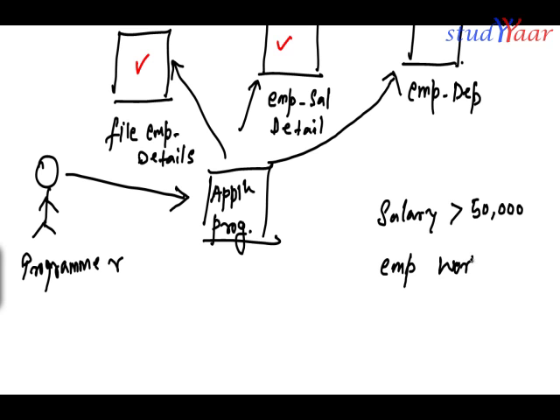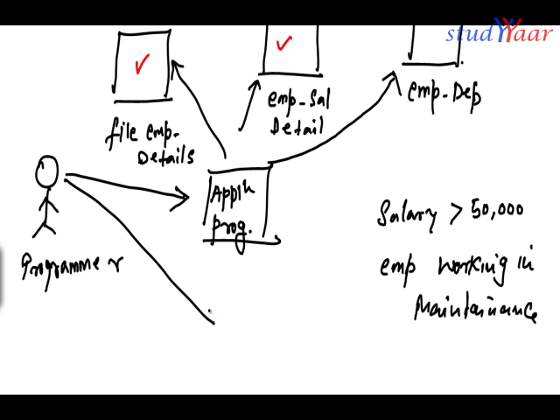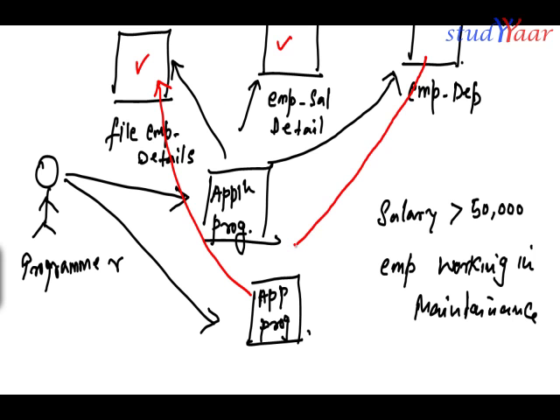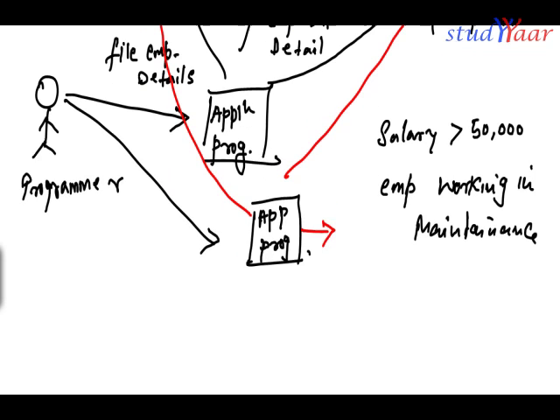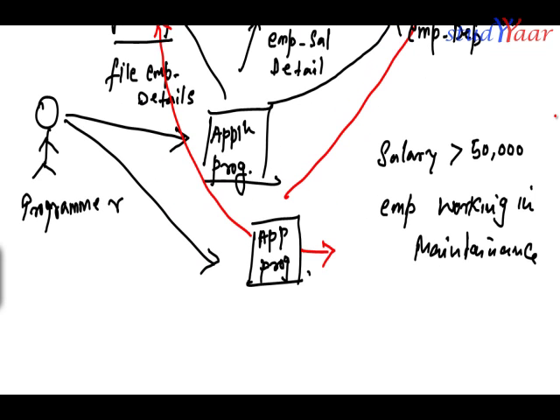So now if suddenly my query changes and it becomes employees working in maintenance department, okay, then what would happen is this guy is going to write a new application program, okay, and he is going to get details from this file and from this file and give out the details to me. So that's a problem, you know.